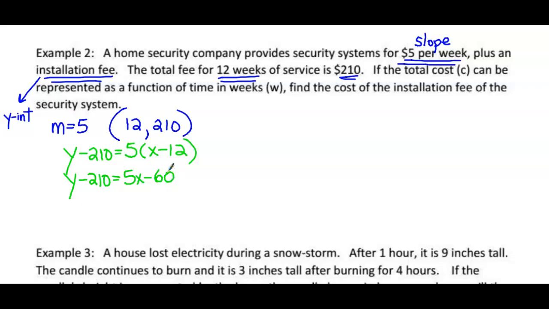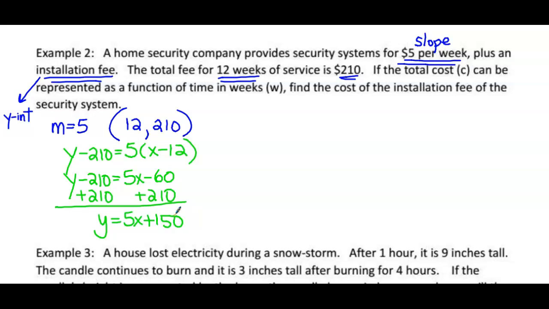We need to get y by itself, so we're going to add 210 to both sides. And I get y equals 5x plus 150. So put it in point slope to get it in slope intercept form. Then I'm going to go read again.